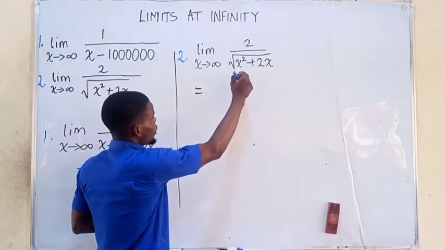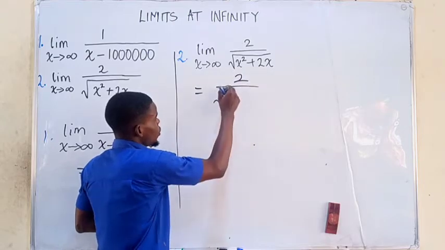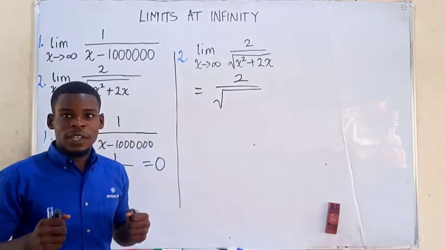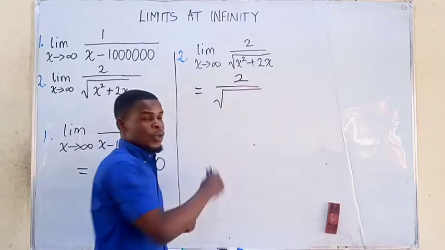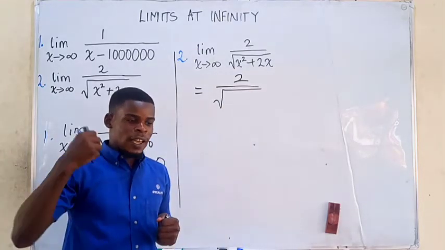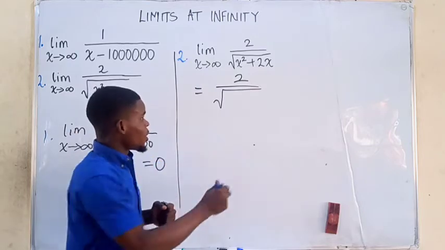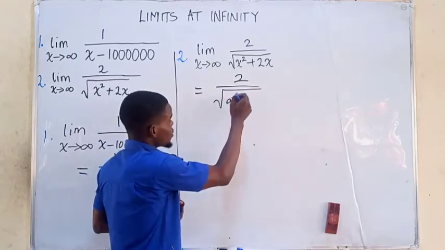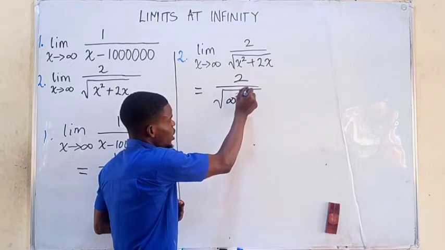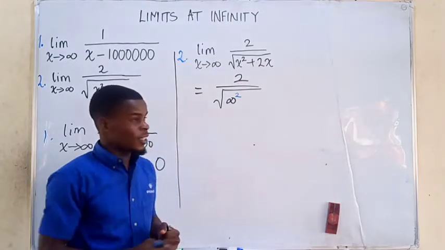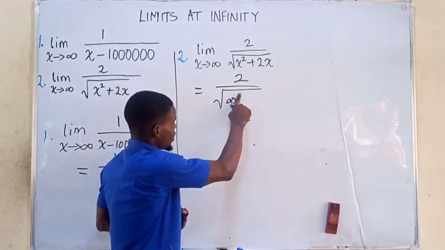We will see that we're going to have 2 over, well, when we have infinity in place of x, and we square that, if we square a very large number, the result is going to be very large, okay? But infinity here denotes largeness of something. So infinity raised to power 2 is still infinity, right? So there's no point for that again.